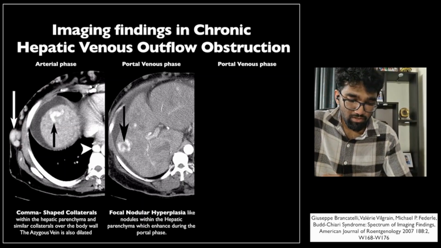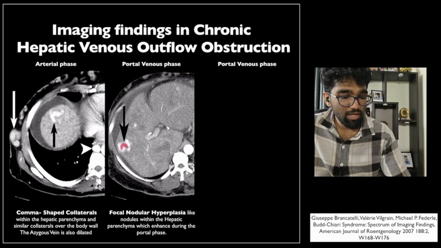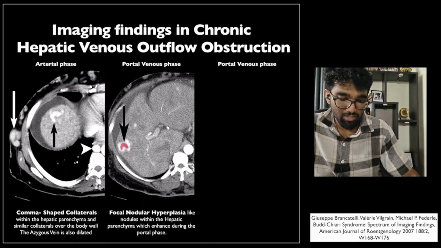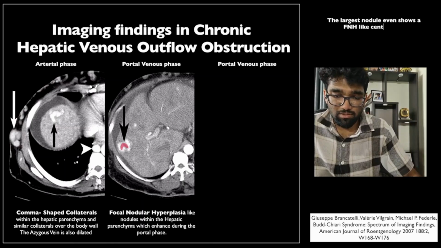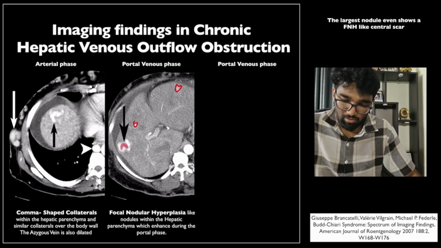So in the portal venous phase, what you find here is that this area is hypoenhancing, and that hypoenhancing area surrounded by a hyperenhancing area looks like focal nodular hyperplasia. It technically is focal nodular hyperplasia, so that is relatively indicative. This largest nodule here is showing that. There are other smaller nodules also which are showing hyperenhancement in the portal phase.